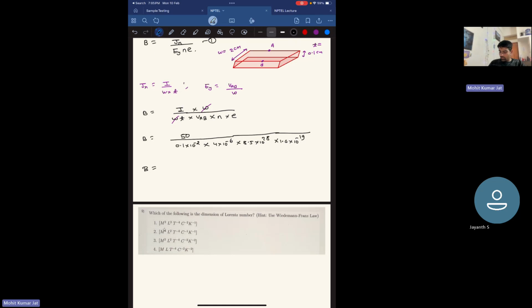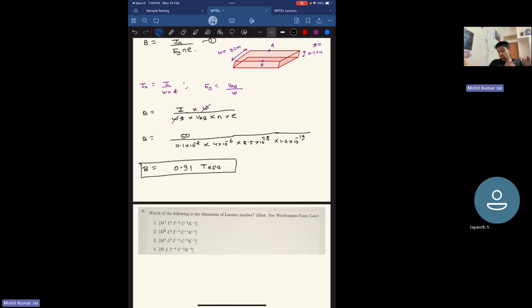On the top, it will be 50 divided by 4 divided by 8.5 divided by 1.6. So that gives me 0.91 Tesla. This will be the magnetic field.